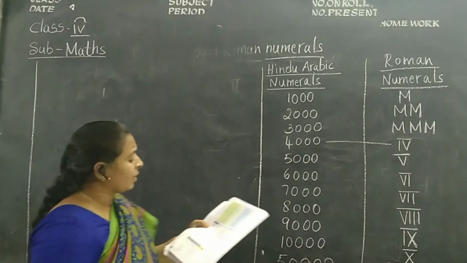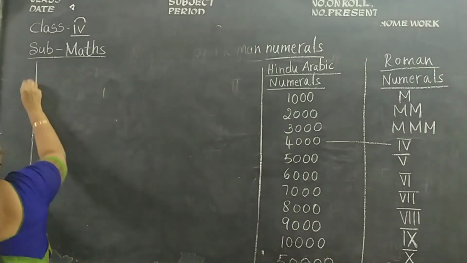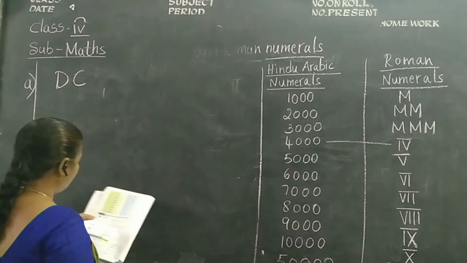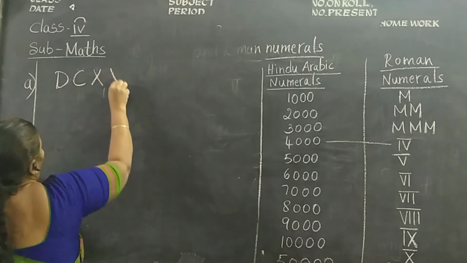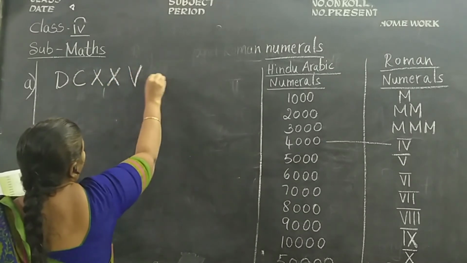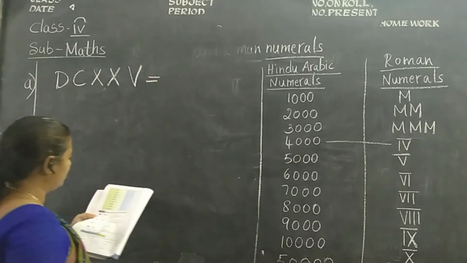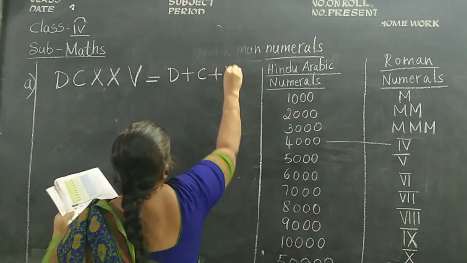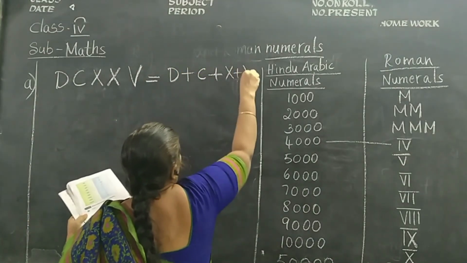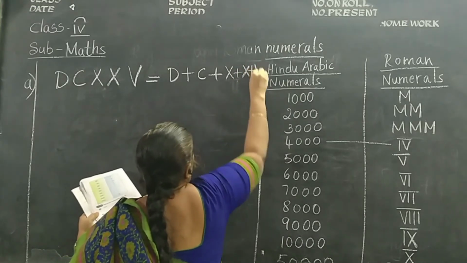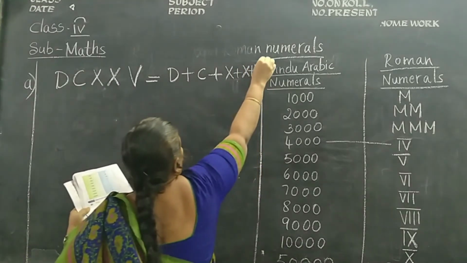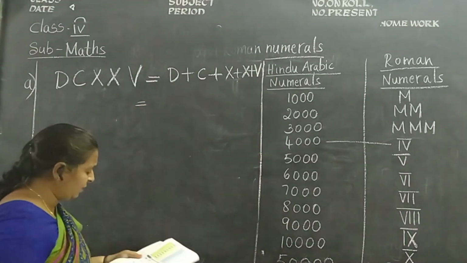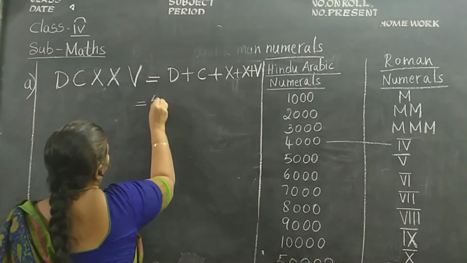See children, what they have given in A: D, C, X, X, V. What we should do is D plus C plus X plus X plus V. What is the value of D, children? 500.